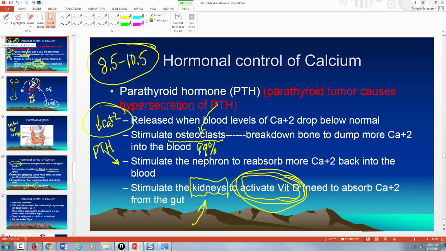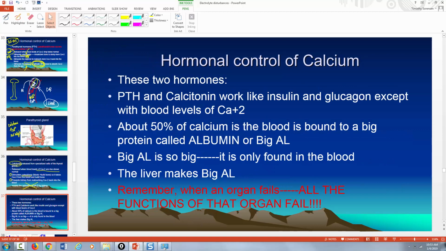And the function of parathyroid hormone is to raise your blood levels of calcium. So if you've got a tumor, you're going to have a lot of parathyroid hormone circulating. That means your blood levels of calcium are going to be really high. So a parathyroid tumor causes hypercalcemia. All right, very important.